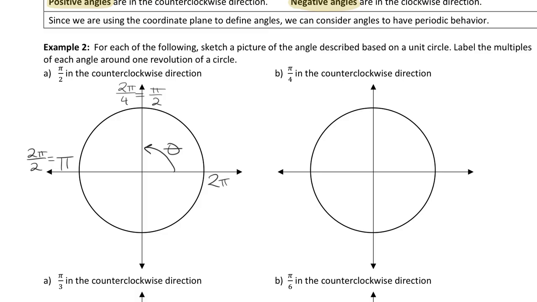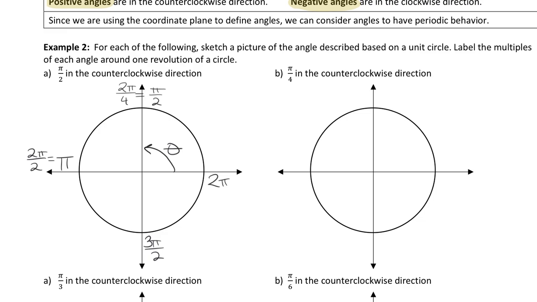Okay, question for you. All the way around was 2 pi. Halfway around was pi. A quarter of the way was pi over 2. What would this angle be if I ended up all the way down here? 3 pi over 2. 1 pi over 2, 2 pi over 2, 3 pi over 2.